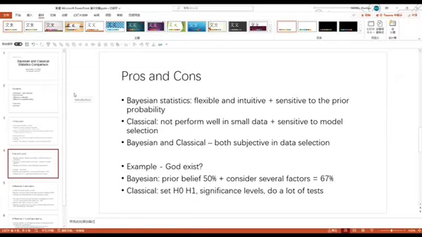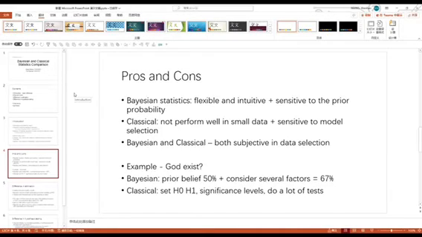How about if we use classical statistics? We will set the null hypothesis as 0 and the alternative hypothesis as 1, then assign a significance level, and then we do a lot of tests. We can see that in Bayesian statistics, we only need to consider several factors because we already have the prior belief.